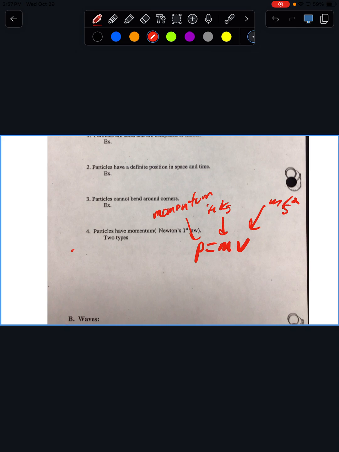So, yes, the softball has more mass. Wait, isn't velocity over second? Whoops, yep, sorry, meters per second. Not seconds squared, just seconds. What's M again? Mass. Like what is on the board? In kilograms. Mass is always in kilograms.